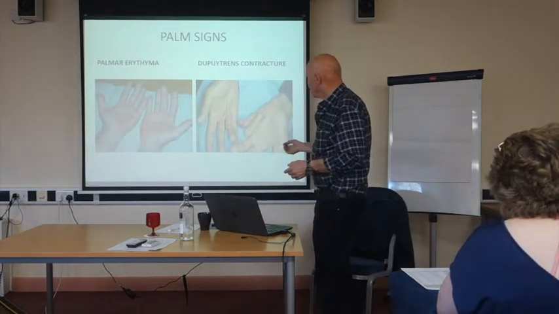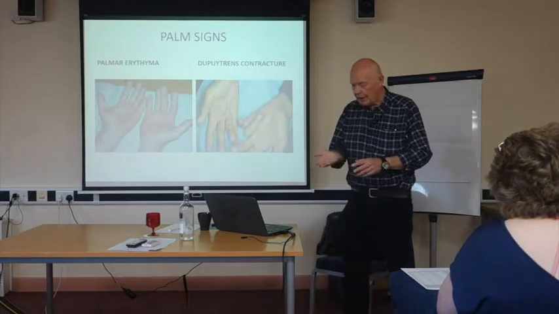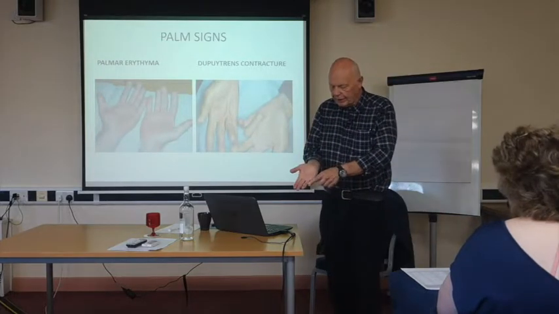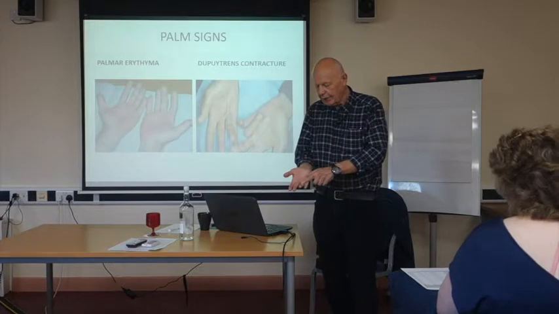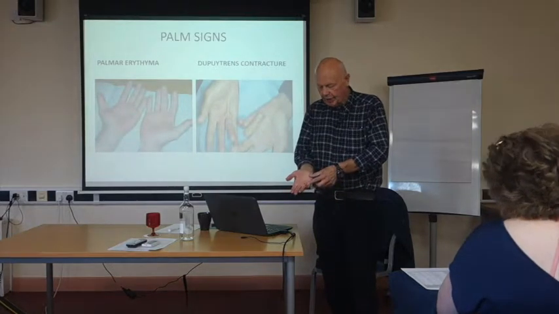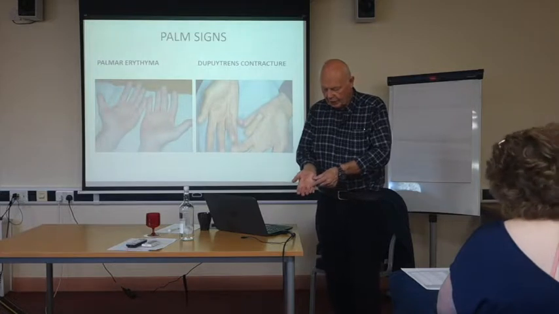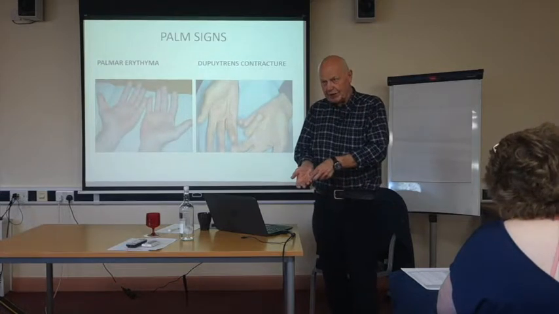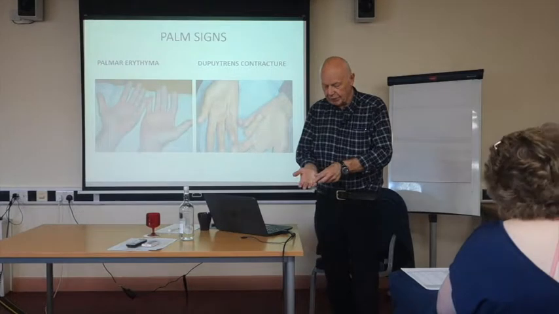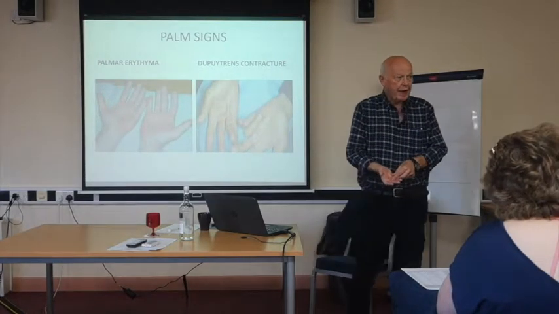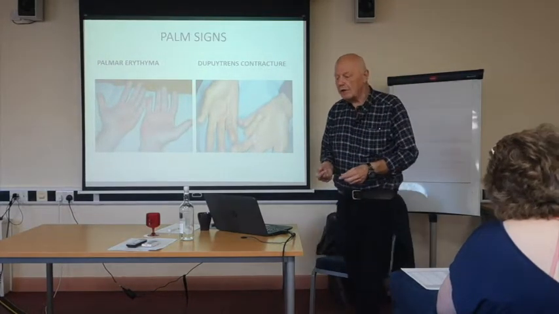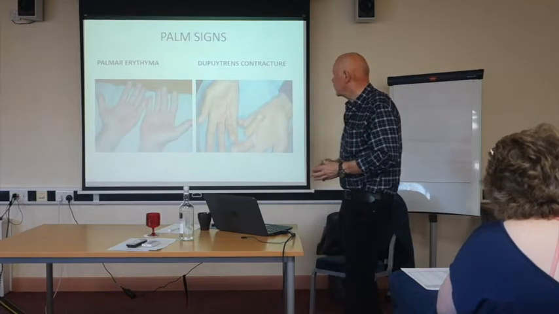Another sign that you might see in the palm are these fingers, the little finger and the ring finger, being kind of curled in like that. And that's because of contracture of the connective tissue here, which is called Dupuytren's contracture. And again, that is related to liver issues.